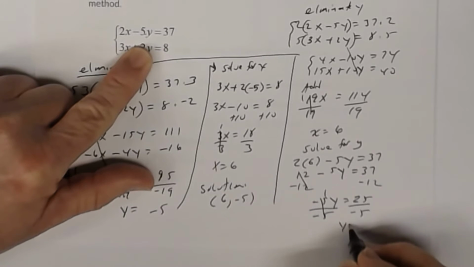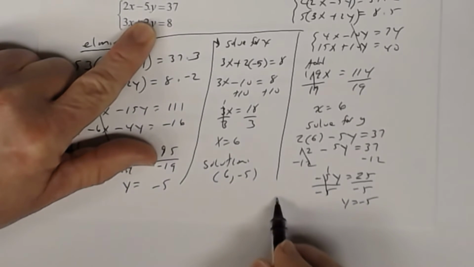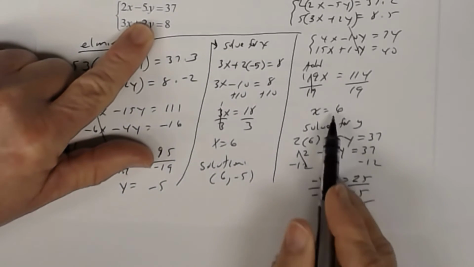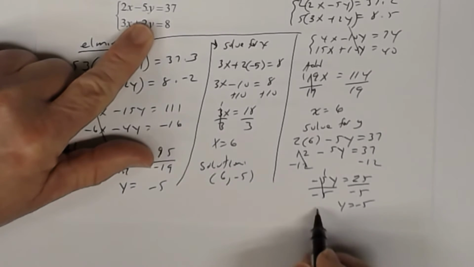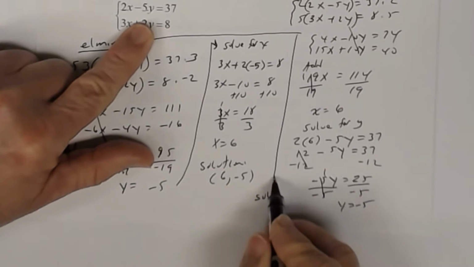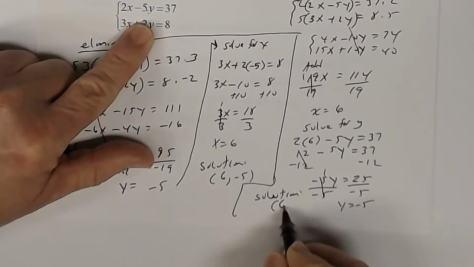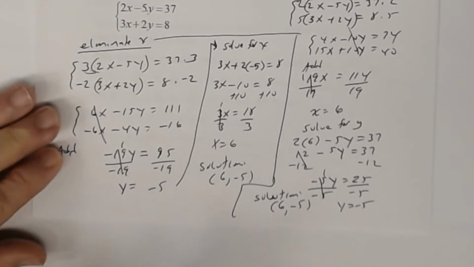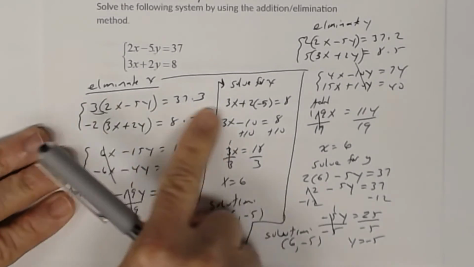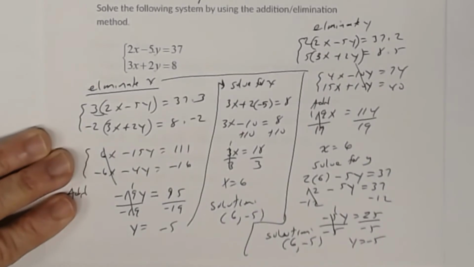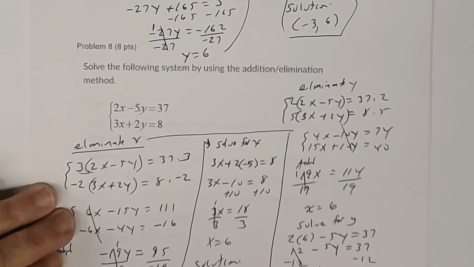I get y to be negative 5. And so the solution, remember x, y, ordered pair, will be the same as the other one, 6, negative 5. All right, so that's what you would do if you eliminate the x's first, and that's what you would do if you eliminate the y's. All right, so that's number 8.